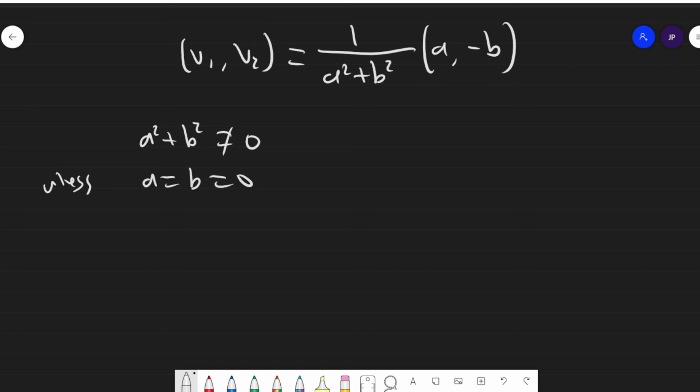If both A and B equal 0, then I just end up with an inverse of 0 again. But I can't have A squared plus B squared equals 0 for any other composition.